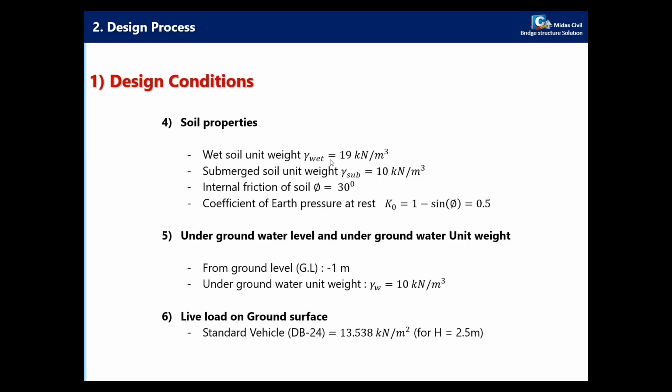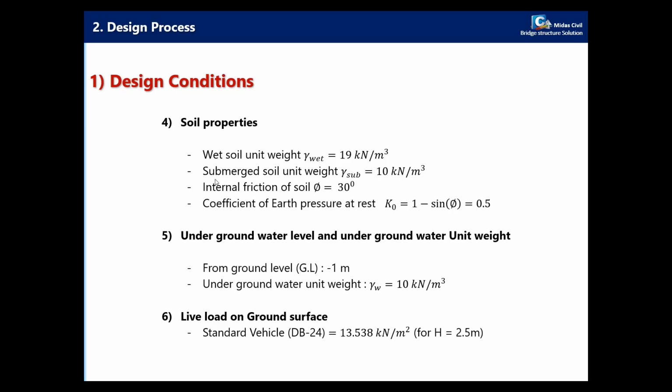So other soil property for the culvert we are going to analyze, we have the wet soil unit weight. It's 19 kilonewton per cubic meter. For the submerged soil unit weight, we have 10, and then we have the internal friction of soil, we have 30 degree, and the coefficient of earth pressure at rest, we took it as 0.5.